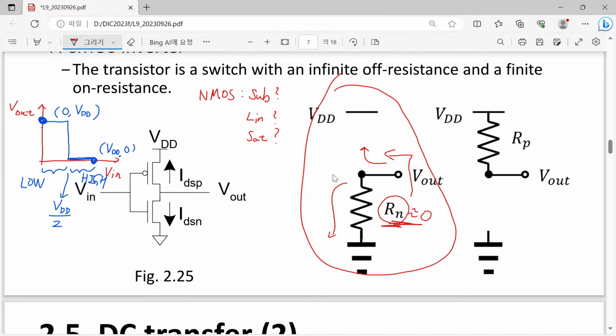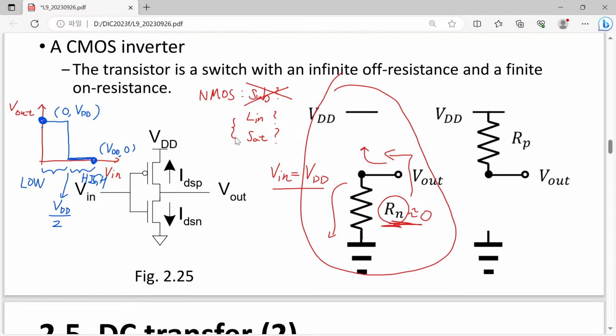This one corresponds to input voltage equal to VDD. Since the input voltage is so high, we can safely neglect this one. Then how about your choice between linear and saturation?